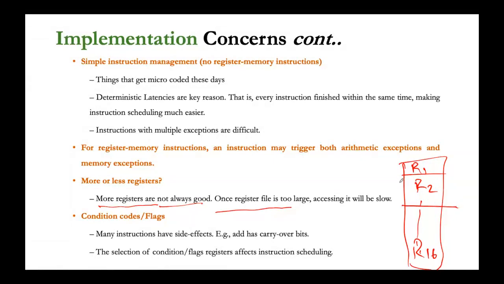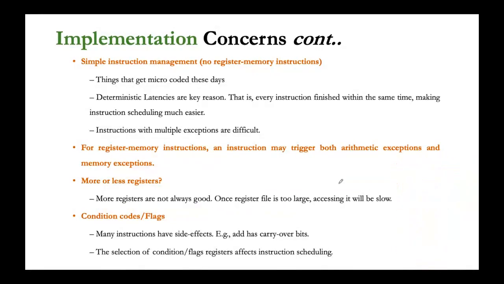Instead of that, if I use only 4 registers, searching 4 registers is easy in the register file. If I am using 16 registers, it takes much time to search the register. So if more registers are there, locating those registers is difficult and takes much time. Once the register file is too large, accessing it will be slow.